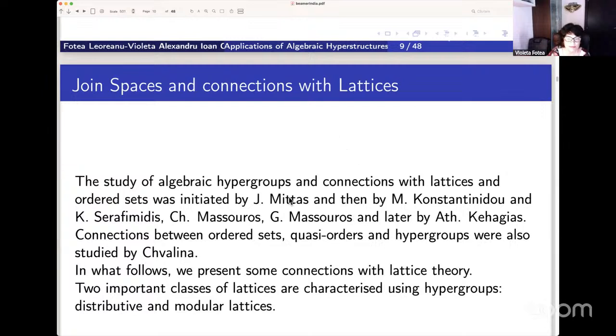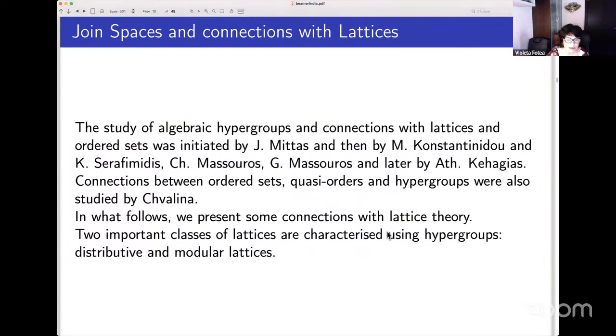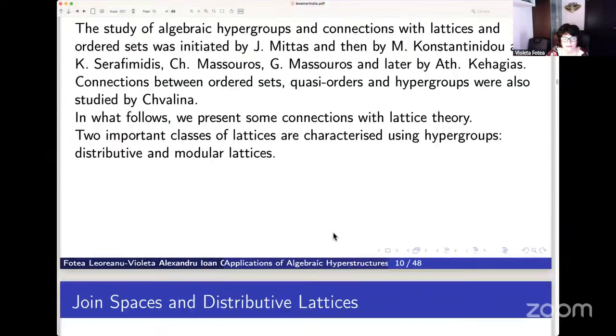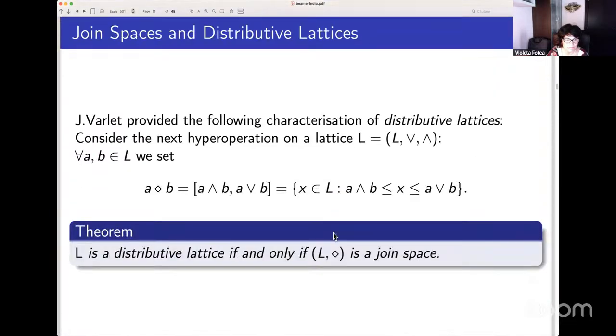The above mathematicians were all from Greece. The Greek school studied hypergroups, lattices, also hyperlattices. In what follows, we present some of these connections with two important classes of lattices, distributive and modular lattices.